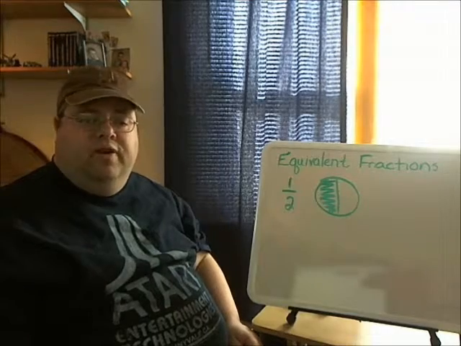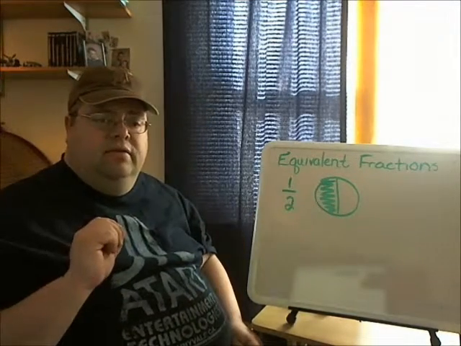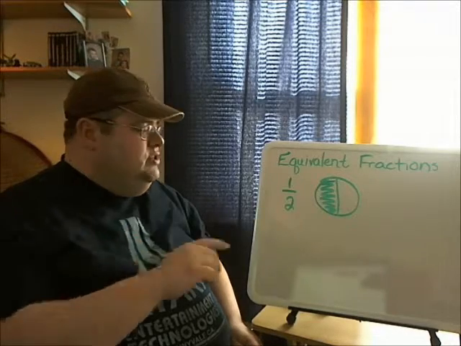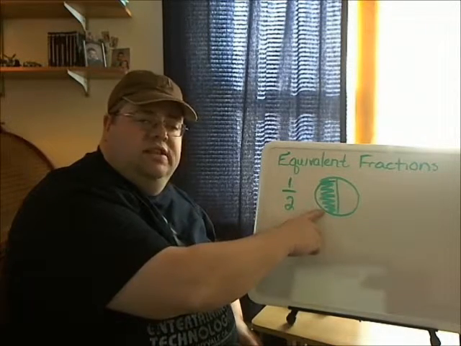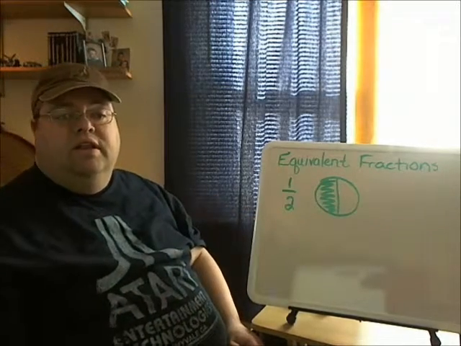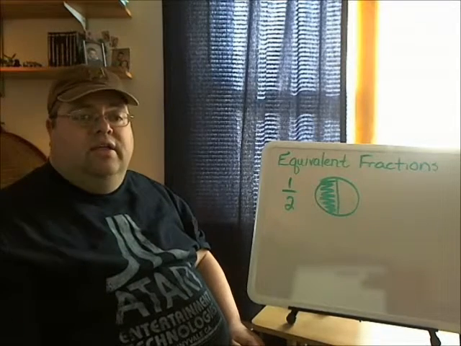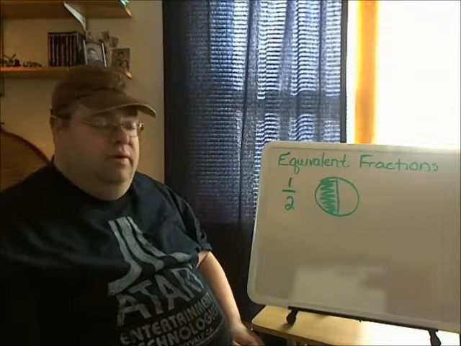An equivalent fraction would say, we're going to find a fraction that will still allow us to give the person who's getting this 1/2 of the object the same amount they would have gotten, and yet divide the entire object up into more pieces. Now that doesn't mean we can just pick any fraction we want.